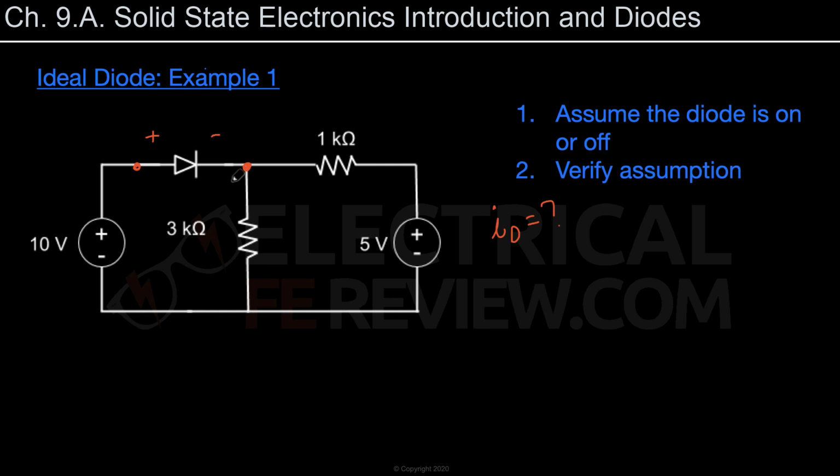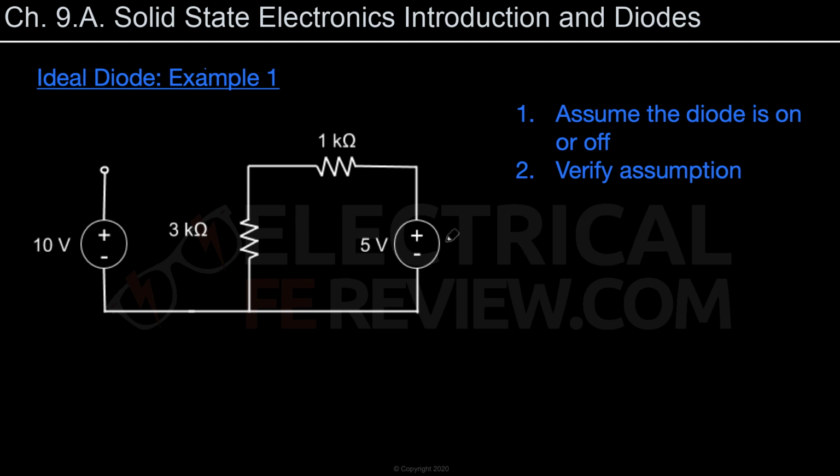But we're going to start off with this problem by assuming the opposite. We're going to assume that the diode is in reverse bias, which means that it's an open circuit. So now we're going to redraw the circuit so that it represents an open circuit.